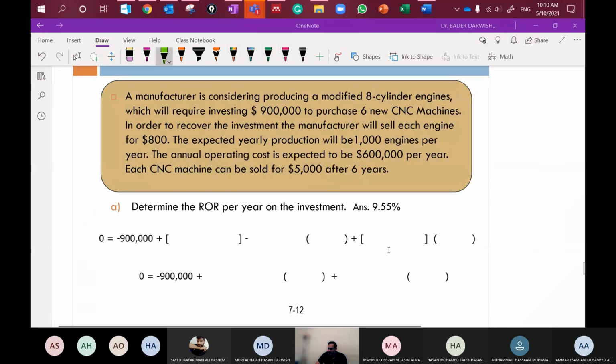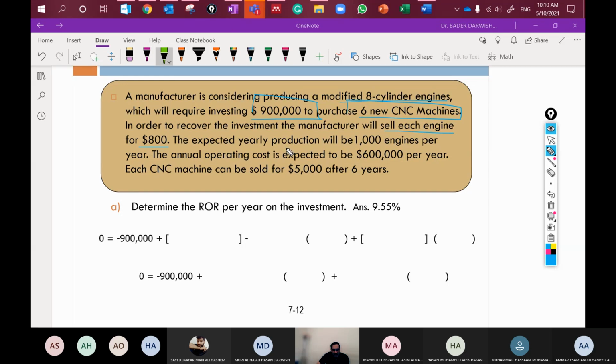This is the final question, and we can complete this chapter. It says a manufacturer is considering producing modified 8-cylinder engines, which will require investing 900,000 to purchase 6 new machines. So this is 900,000 to purchase machines. In order to recover the investment, the manufacturer will sell each engine for 800.